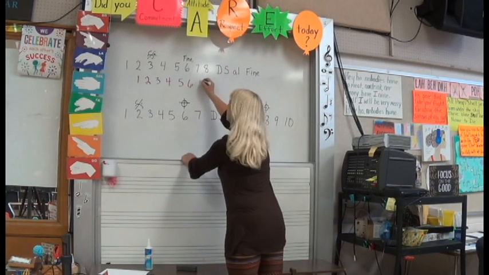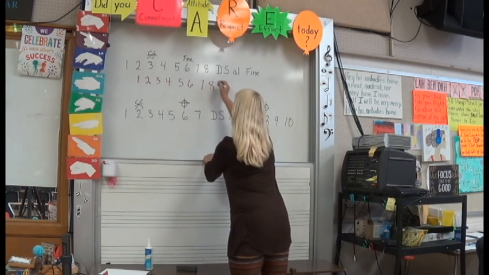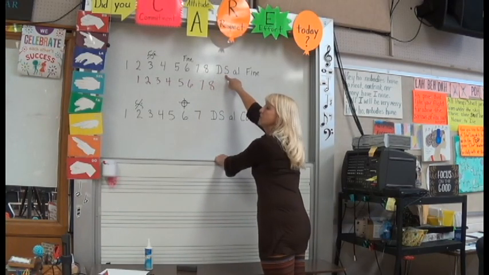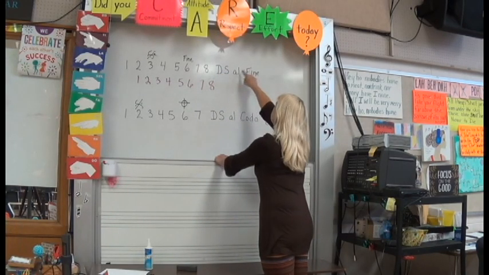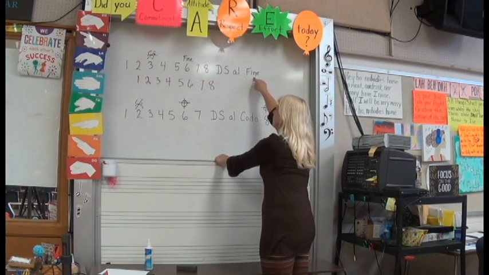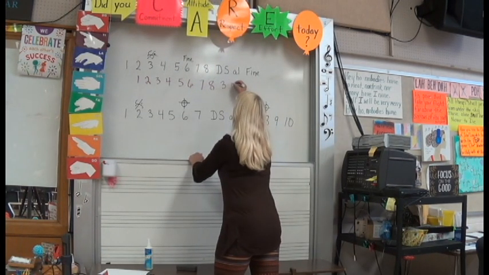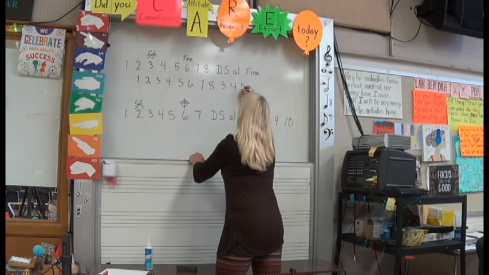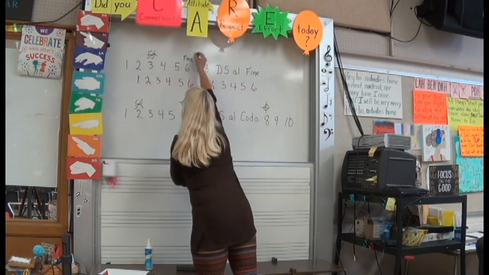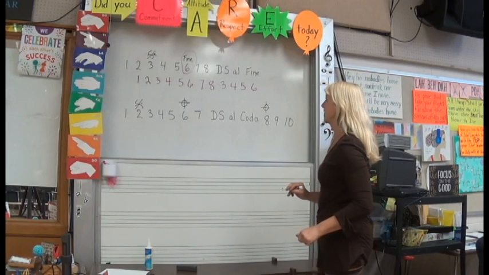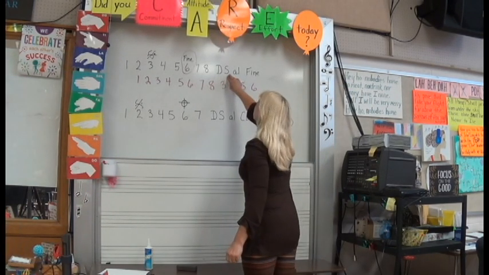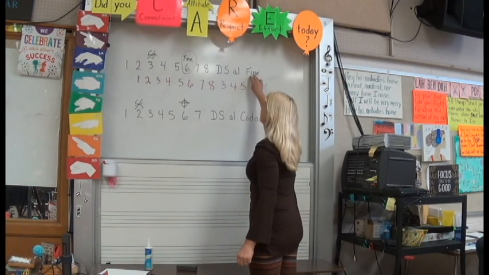We keep going. 7, 8. Go back to the sign and stop at the fine, exactly. Go back to the sign here. 3, 4, 5, 6, because that is where the fine is. Okay? Go back to the sign and stop at the fine.